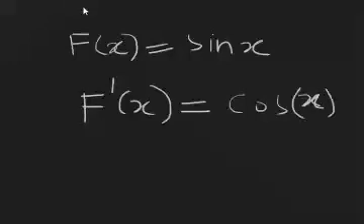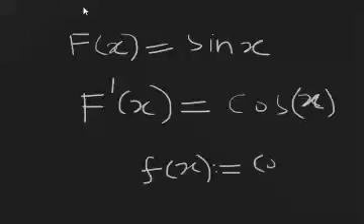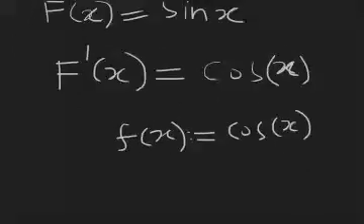So if you define lowercase f of x as cosine of x, then when you differentiate uppercase F of x, you get lowercase f of x.